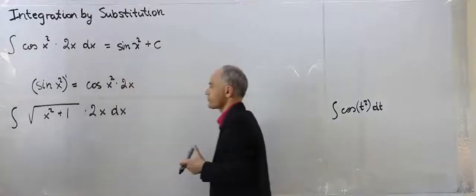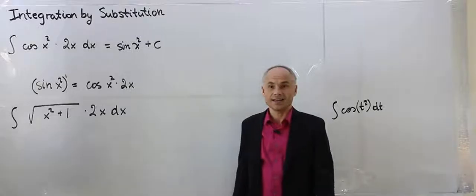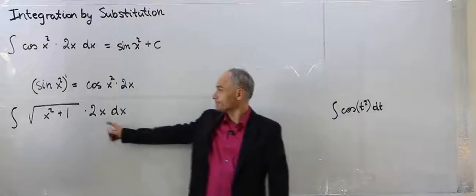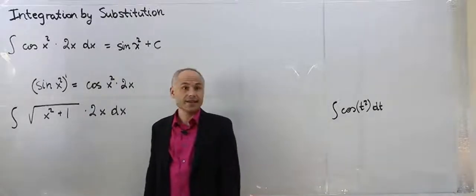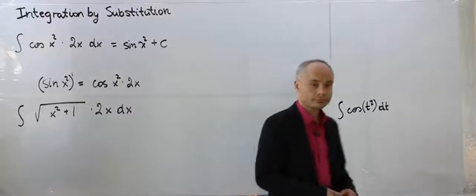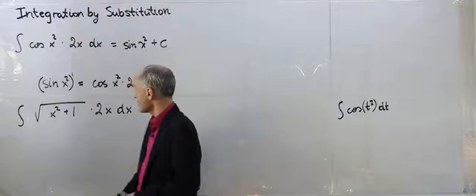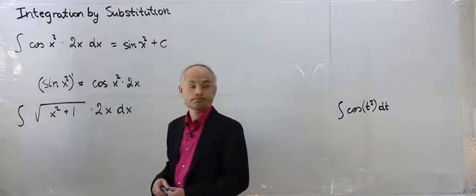And I would like to give you a minute to try to guess an antiderivative of this function, and then we will try to guess it together. Has anybody guessed the general form of antiderivative of this expression?